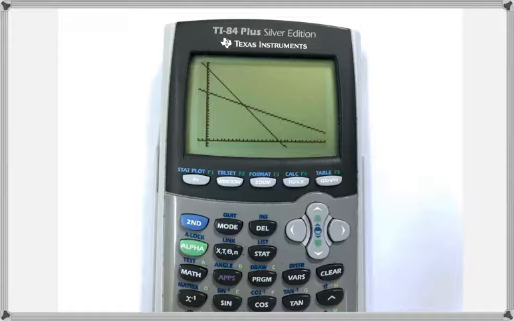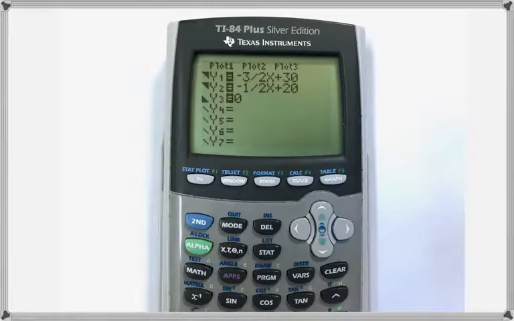So now I'm ready for the shading, and I like to do the reverse. So this was less than or equal to, but I'm going to do an upper shading. The second one was also less than or equal to, but I'm going to do the reverse. I'm going to do the upper shading. And then it was y is greater than or equal to 0, but I'm going to do the reverse. I'm going to do the lower shading.